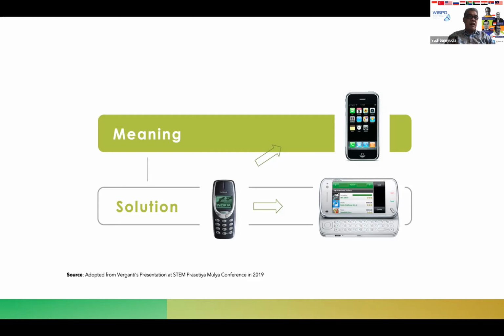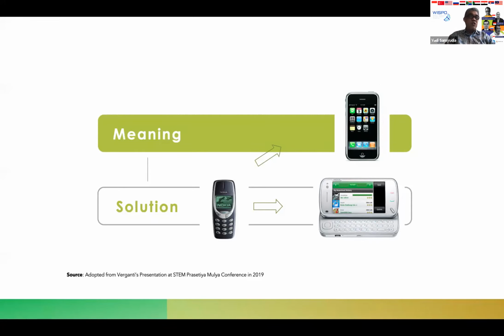But on the other hand, Apple saw a different thing. They created something totally different from Nokia. The communication tool is not as strong as Nokia's, but they put more meaning on the product. So they created the so-called iPhone, our smartphone now.